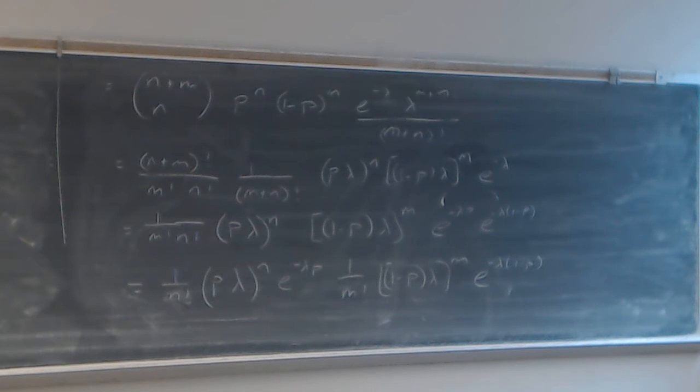I can take out everything that has n in it and rewrite this: 1 over n factorial, p times lambda to the n, and I'll take out this e to the minus lambda p. Here I have a sum as m runs from 0 to infinity of 1 over m factorial, 1 minus p times lambda raised to the m, e to the minus lambda times 1 minus p.